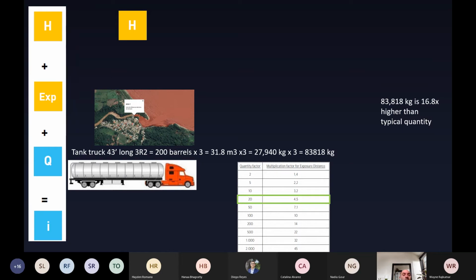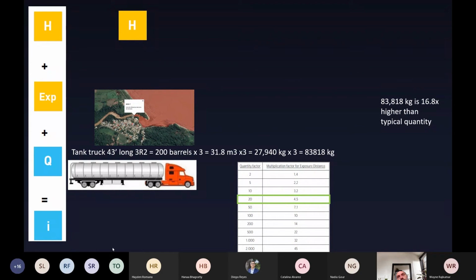I don't have a 16.8 in this quantity factor table, so I just approximate to the highest factor, which is 20 times, and it leads me to a multiplication factor of 4.5 of the distance.